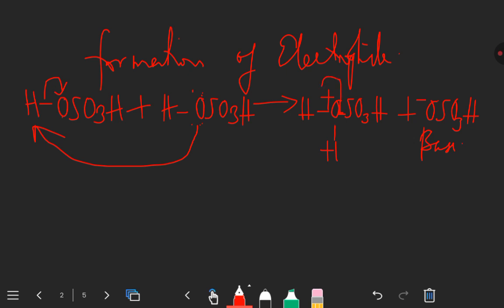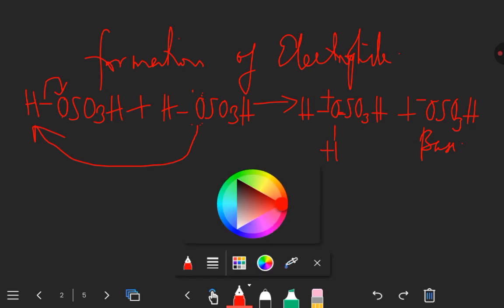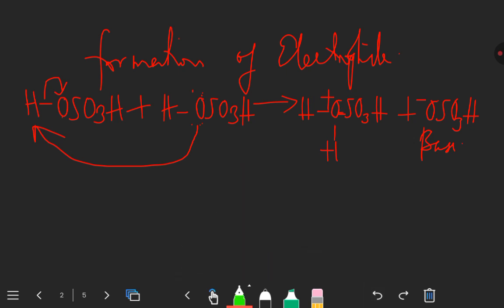So when this water leaves, the electrons which are here will neutralize the positive charge on the water. So what you're going to have is basically this.